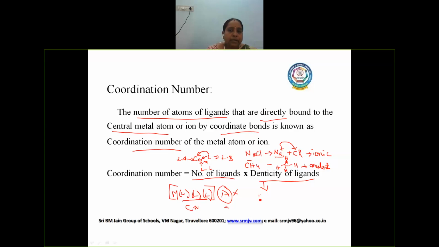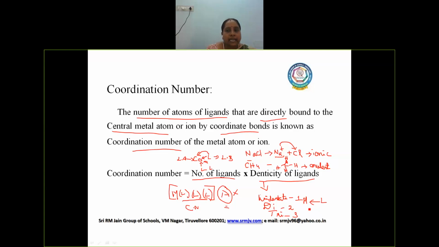The ligand may be unidentate, right? And it has denticity 1. If the ligand is didentate, denticity is 2. If it is tridentate, then the denticity will be 3. So depending on the denticity of the ligand, it is how many bonds it can form. For example, if the ligand is unidentate, it can form one single bond with the metal.